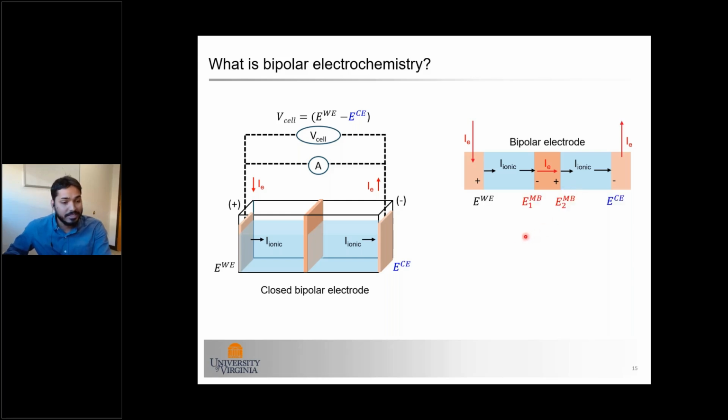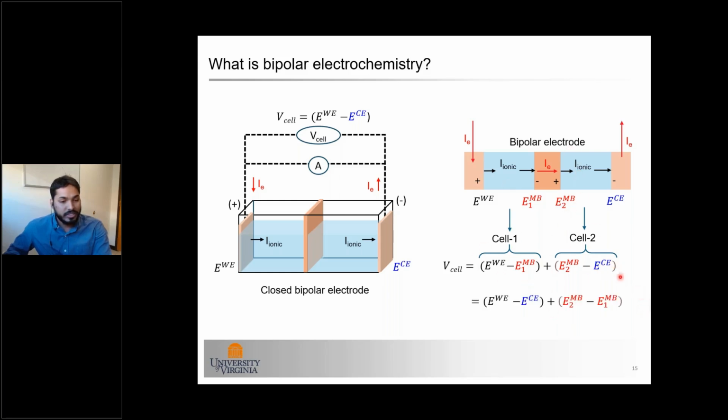And in this case, the potential you're going to measure will be the 2 cells' potentials. And if we rearrange this equation, what we are getting is this additional term, which is nothing but the potential difference between 2 ends of this plate.